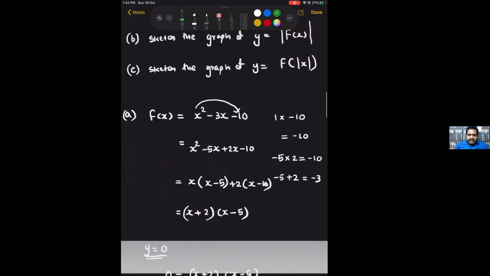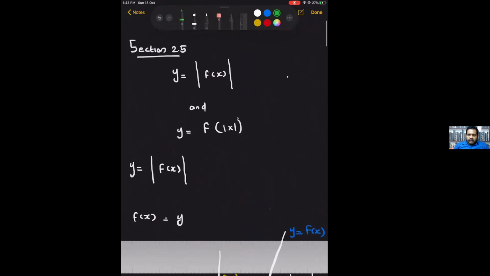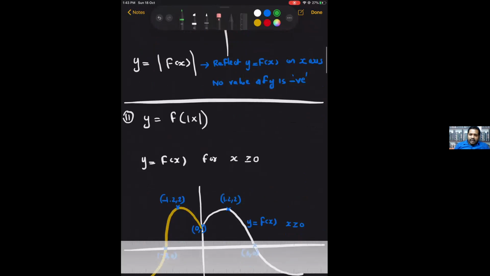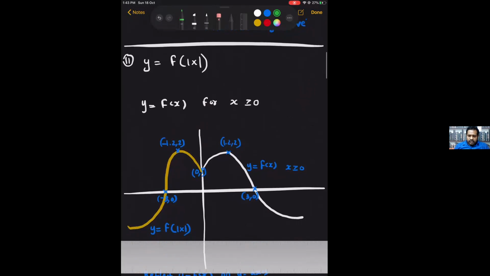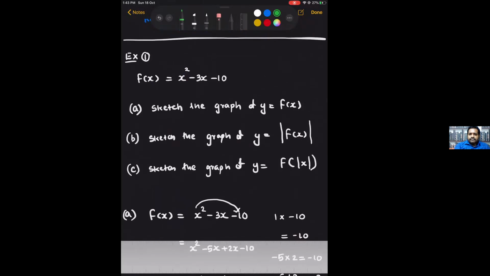After this question, we need to mark all these four or five points, and apart from that we need to mark the coordinates where the graph intersects the respective y and x axes. Go through this note and try to understand what we will do for drawing the graph for y is equal to modulus of f of x, and what we will do to draw the graph for y is equal to f of mod of x. I'll give you some time.